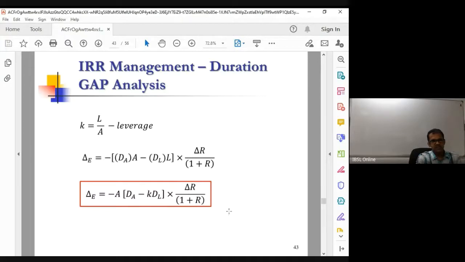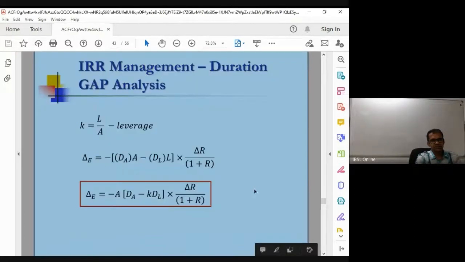This equation gives you the change in equity for a given change in interest rate when you know the duration of assets, duration of liabilities, and the amount of assets that you have.